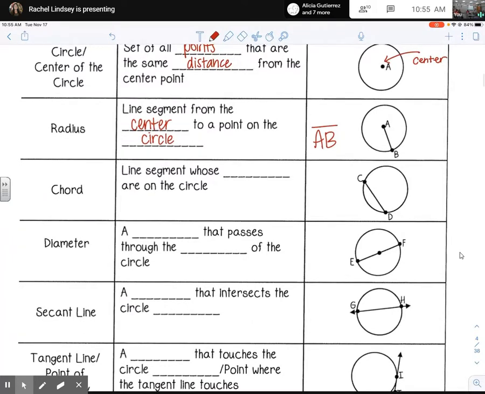A chord is just a line segment whose endpoints are on a circle. So it's basically just a line in a circle that stops on the circle. The diameter is a chord that passes through the center of the circle.